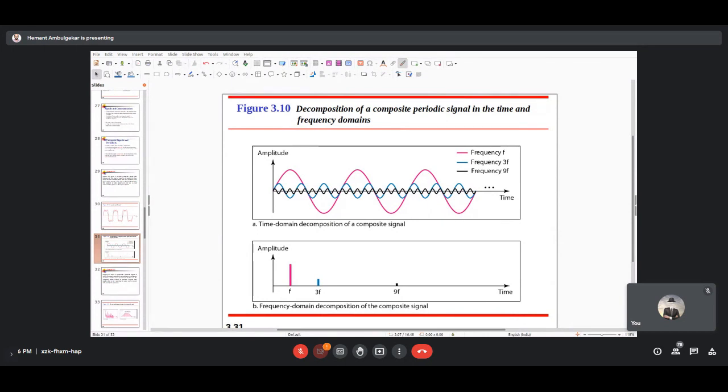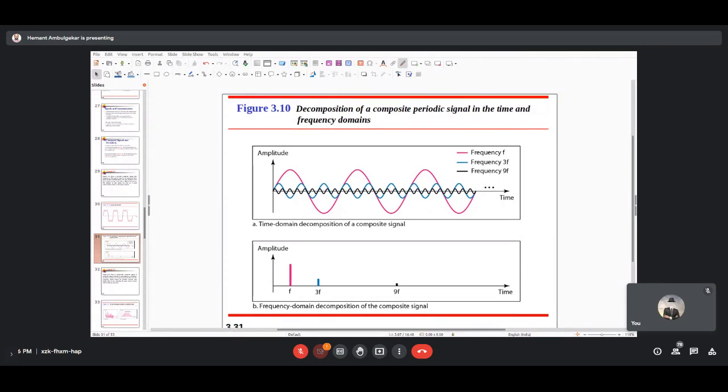The sine wave with frequency 3f has 3 times the fundamental frequency, so it's called the third harmonic. And the third sine wave with frequency 9f has 9 times the fundamental frequency, so it's called the ninth harmonic.